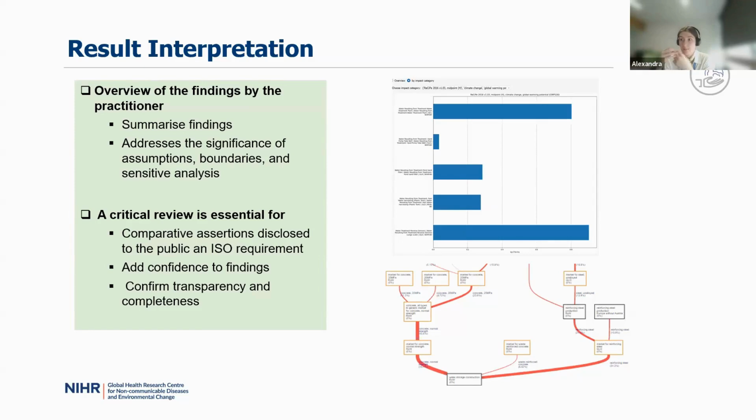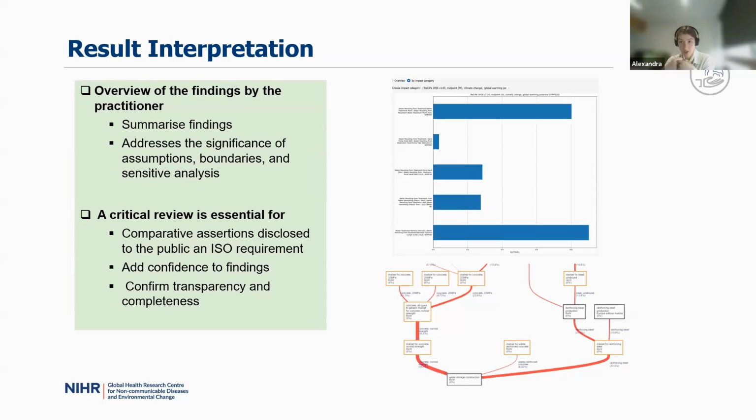You can also add confidence to your findings, especially if it's in a region that doesn't have data in the life cycle assessment inventories that are in databases that already exist. You get primary data and you do your LCA based on this.